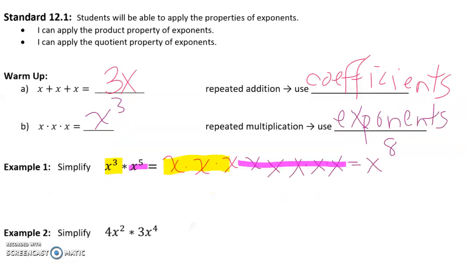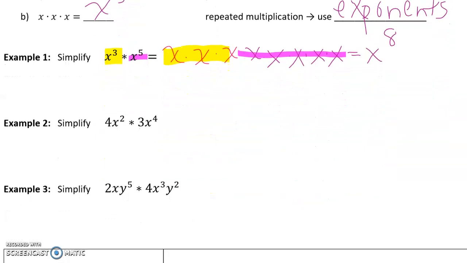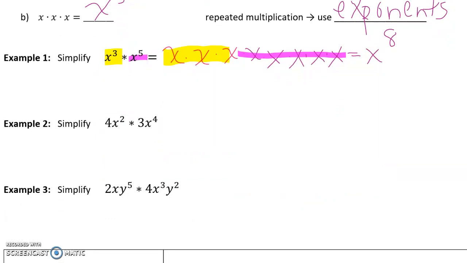Now, if we scroll up and look at our next couple examples, the next one says simplify 4x squared times 3x to the fourth. Well, that is all multiplication. So if we're looking at the parts that we can put together and multiply, we would look at the 4 and the 3. What's 4 times 3? 4 times 3 is 12, okay? So we would say that's 12. And now we have how many x's?